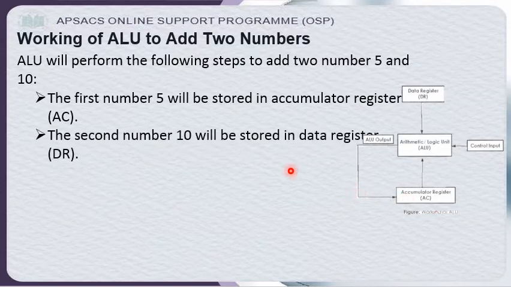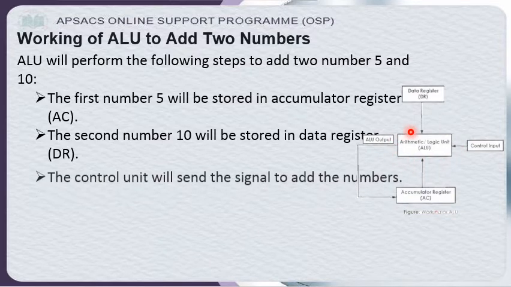The second number, which is 10, will be stored in a data register. Another register holds your second number, and that second number is 10. These two registers will approach the arithmetical logical unit.